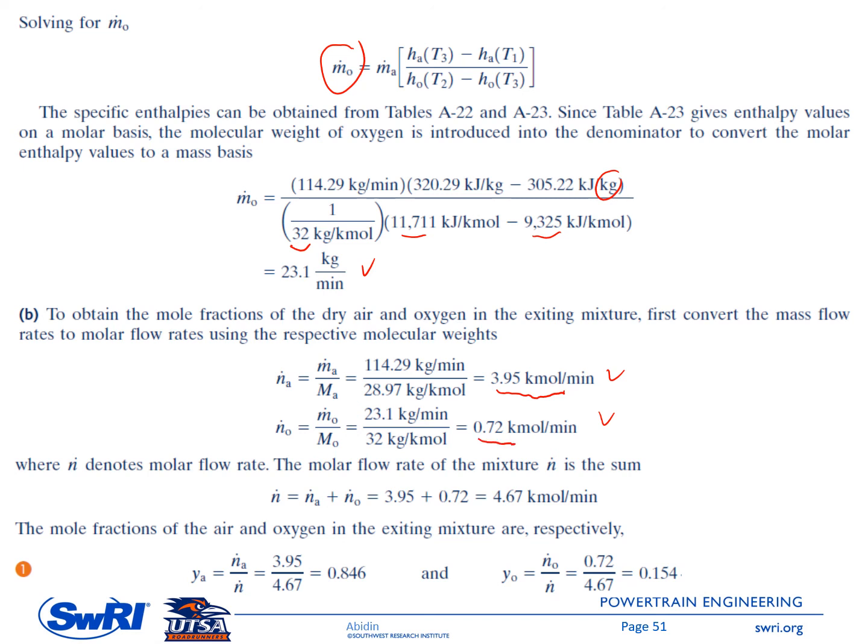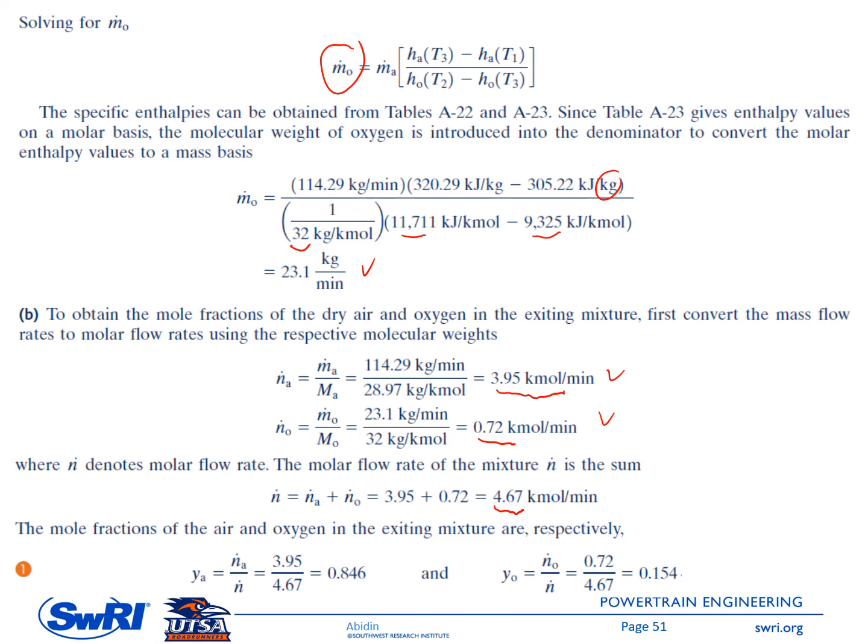So N dot here is the molar flow rate, and then the molar flow rate of the mixture, N dot, will be the sum of N dot A plus N dot O, so we get 4.67 kilomole per minute.